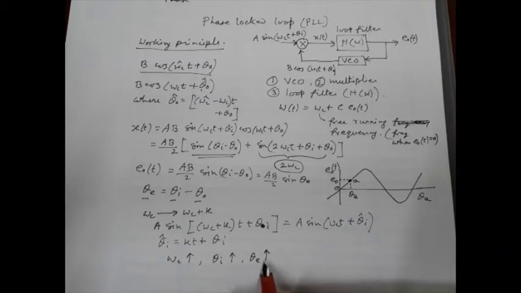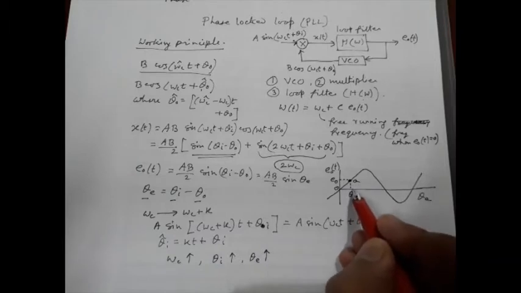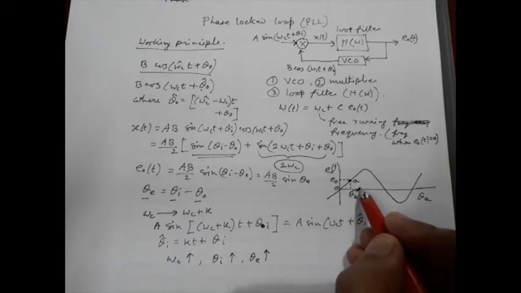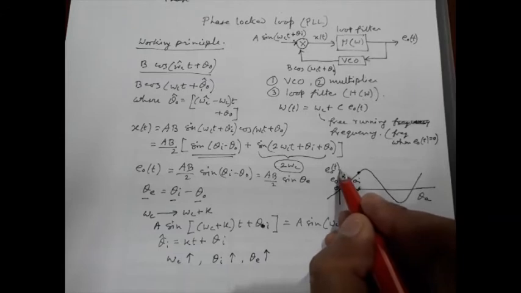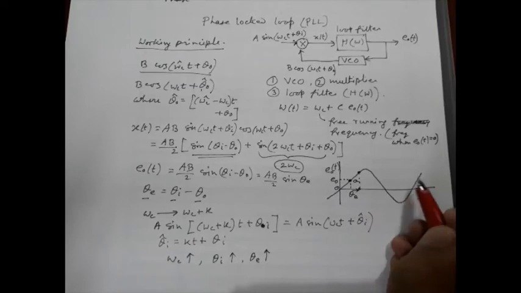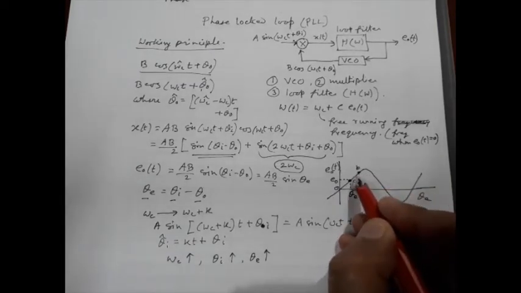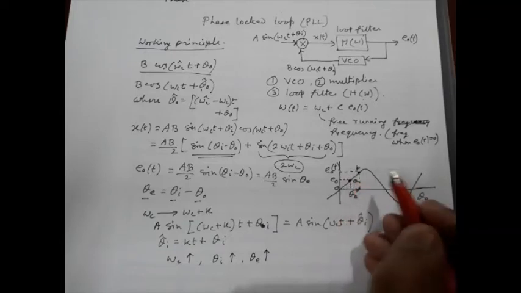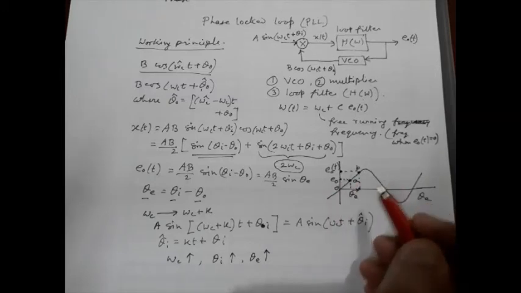Now if theta E increases, the operating point was here. If theta E increases, the corresponding error voltage will also, following the sine wave, appear here, say at point B. That means the error voltage will increase from E0 to some other, higher value.